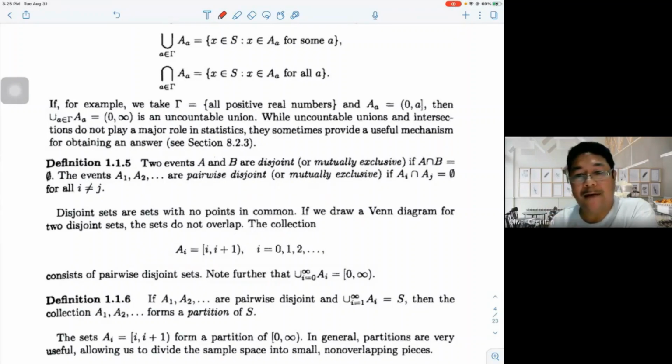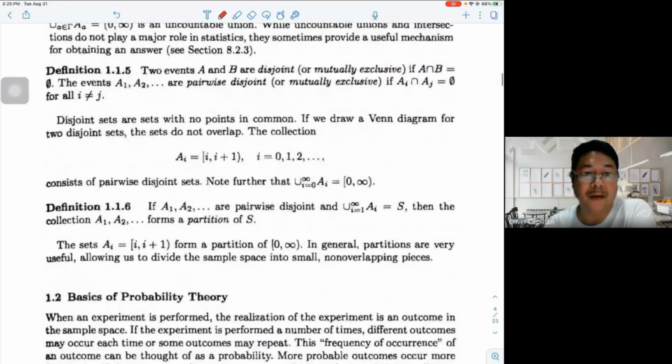And then if we have an infinite collection of events, A sub 1, A sub 2, and so on and so forth, they are pairwise disjoint, or sometimes it is called mutually exclusive, if the pairwise intersection of these events, A sub i intersection A sub j, is equal to an empty set. That is for all i not equal to j. Again, we have an example below.